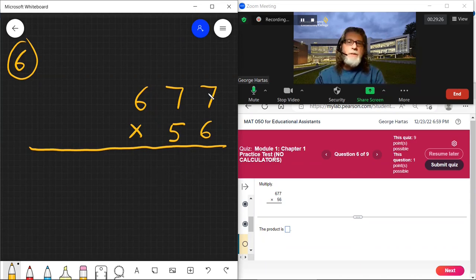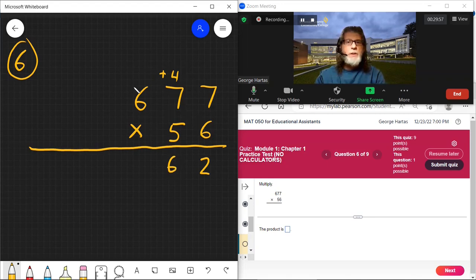All right, so here we go. 6 times 7 is 42. So we can only fit one digit in each column. So the right-hand digit goes here, carry the left-hand digit over to the next column. So 6 times 7 is 42, right-hand digit, left-hand digit. Then we say 6 times 7 again. 6 times 7, as we just said, is 42. 42 plus 4 is 46.